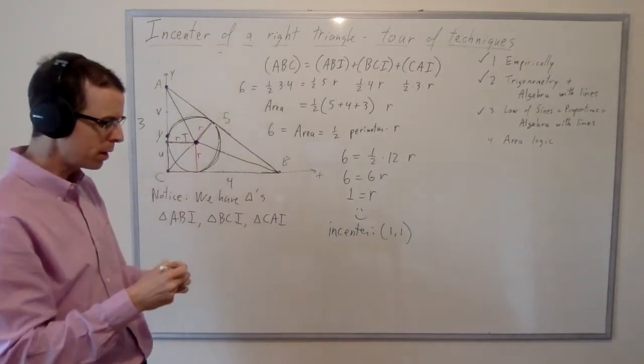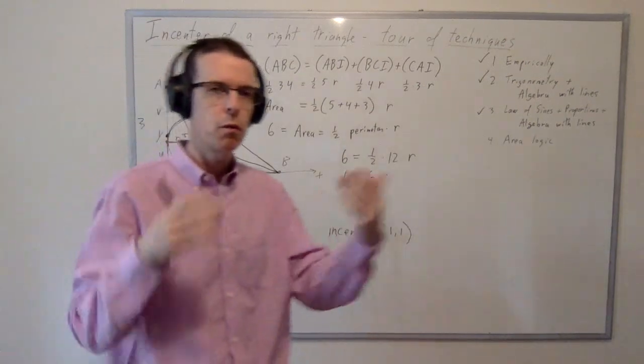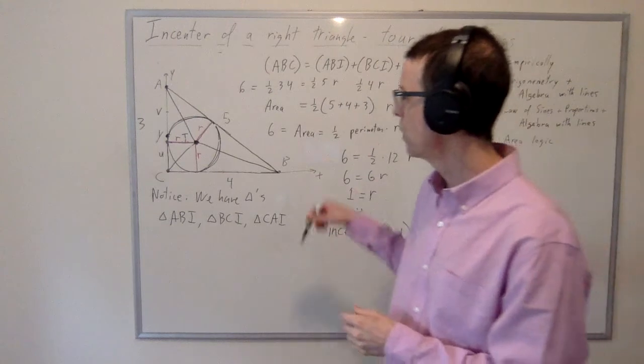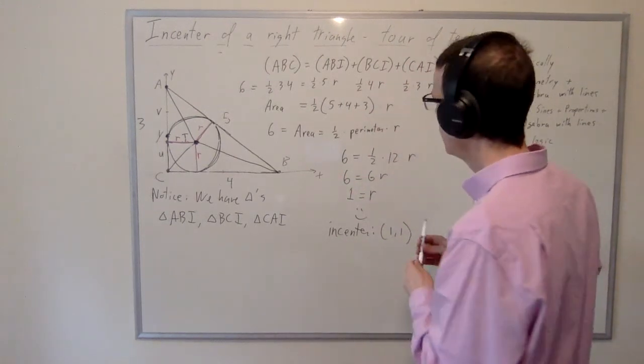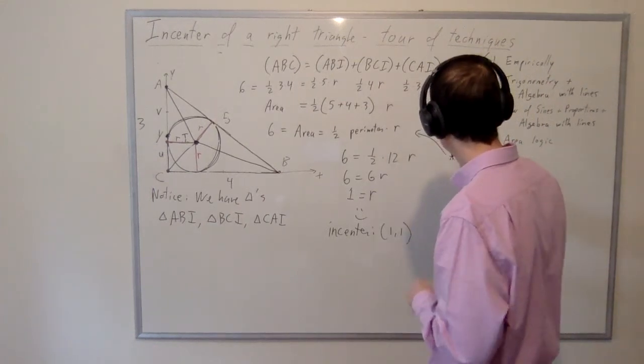This is a pure area argument using a lot of different versions of this 1/2 base height thing from different directions coming around this triangle. So this equation will always be true, even without right triangles. So I just want to call your attention to this.